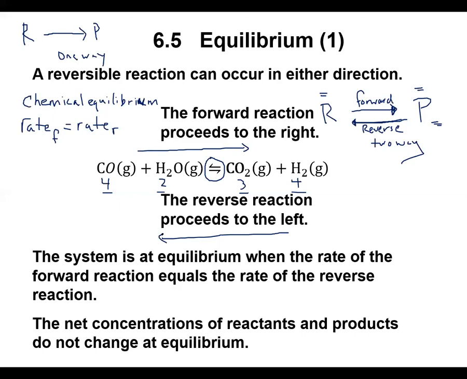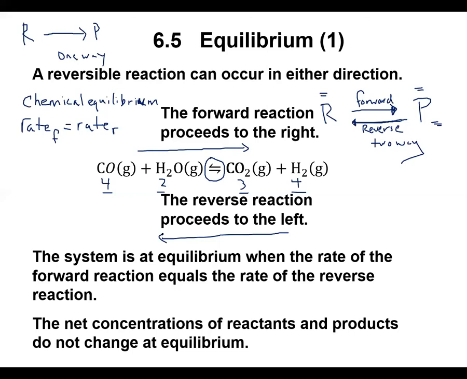When they reach equilibrium, the CO will continue to stay at 4, the H2O will continue to stay at 2, the CO2 will continue to stay at 3, and the H2 will continue to stay at 4 as well, because just as fast as they go to the right, they're just as quickly going back to the left.